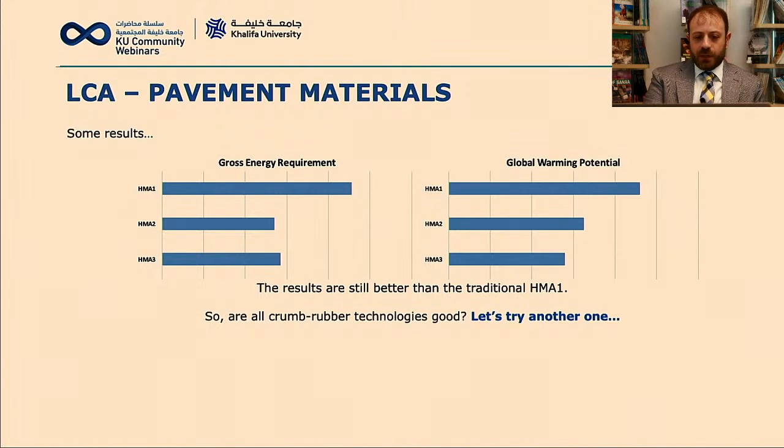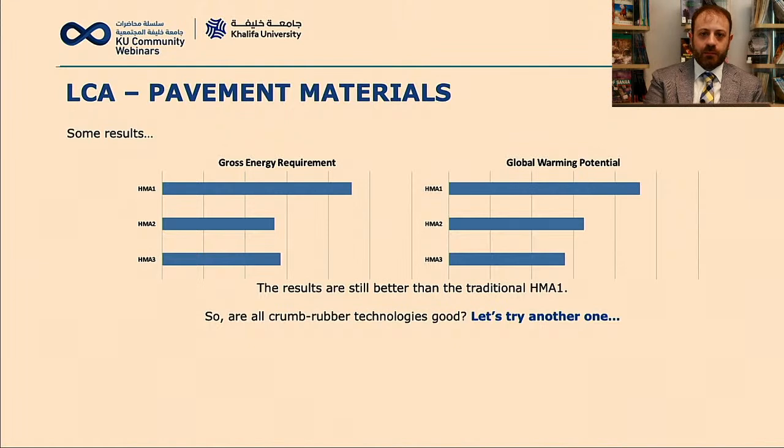However, we have to do another step in the analysis, because it's true that not all the crumb rubber is the same, but we also have different technologies that we can use to add crumb rubber in our HMAs. I told you at the beginning that we can add crumb rubber by mixing it first with bitumen, or we can just add crumb rubber as it is in the mixture without previous mixing with bitumen. So what if we change the technology, we change the way to use crumb rubber?